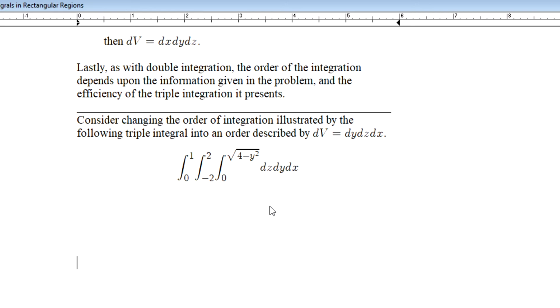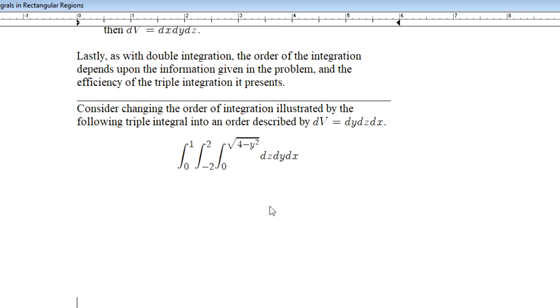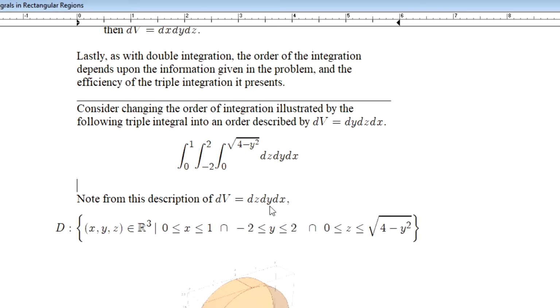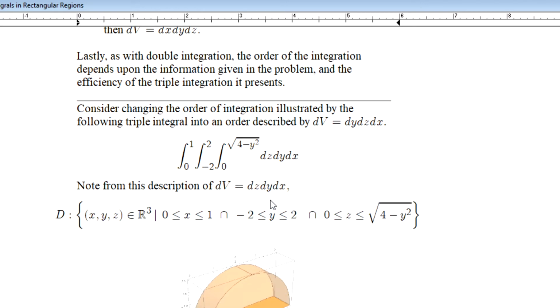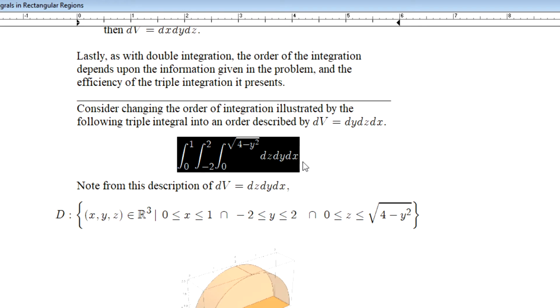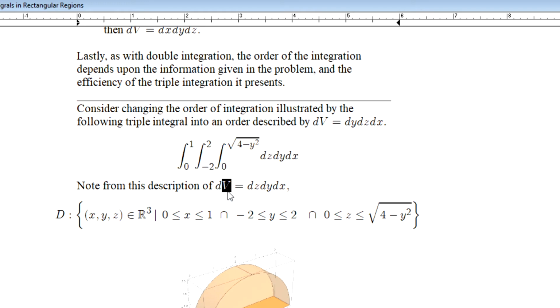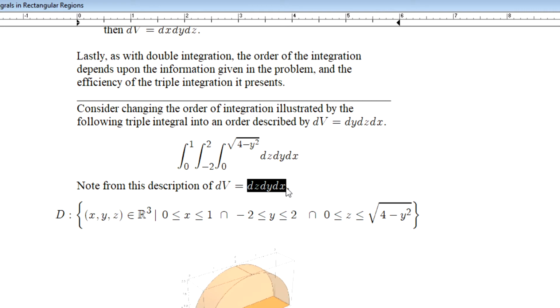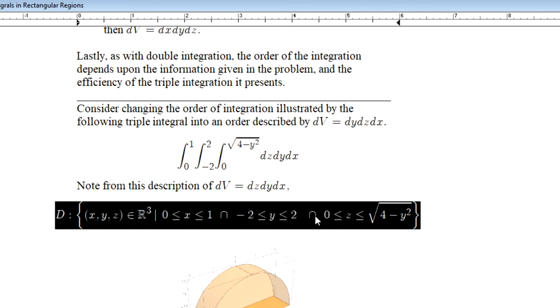How we approach this, folks, is first of all, we take note of the region that we're currently describing with this triple integral calculation. Note from this description of dv, dz, dy, dx, D must be described this way.